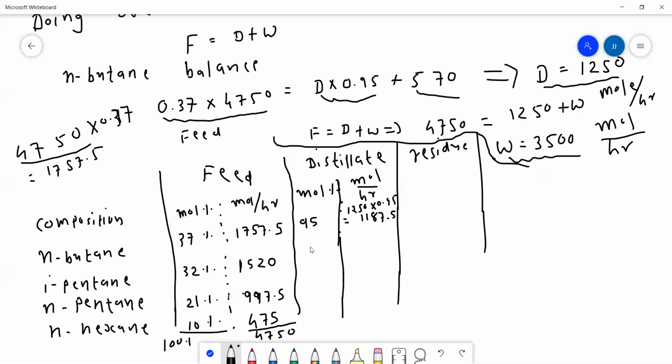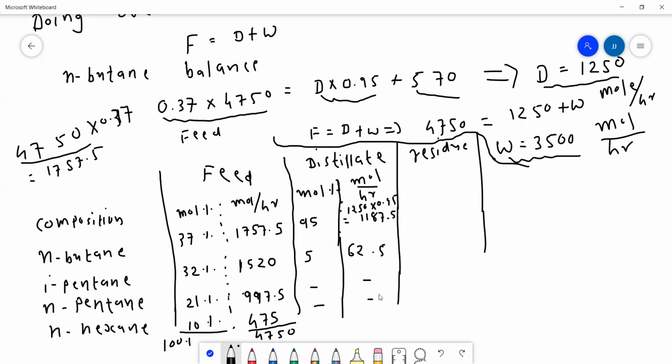In the distillate, this I-pentane requirement is 5%. So it is 1250 multiplied by 0.05. You will get 62.5. And in distillate, no N-pentane and N-hexane is required.